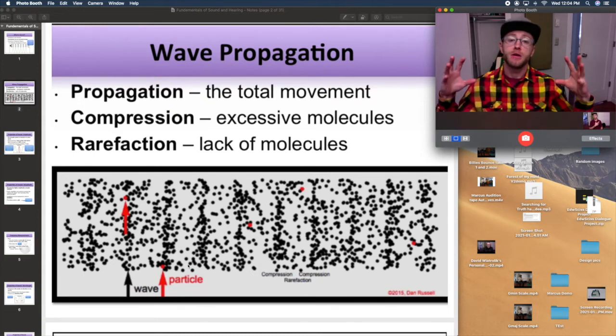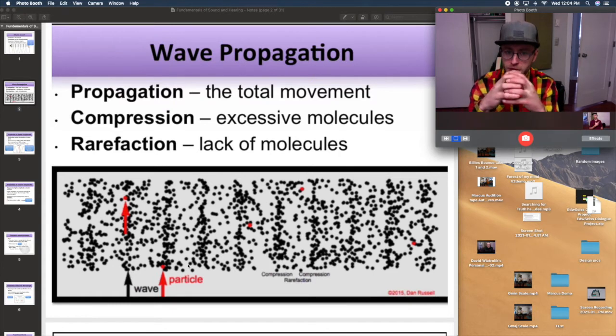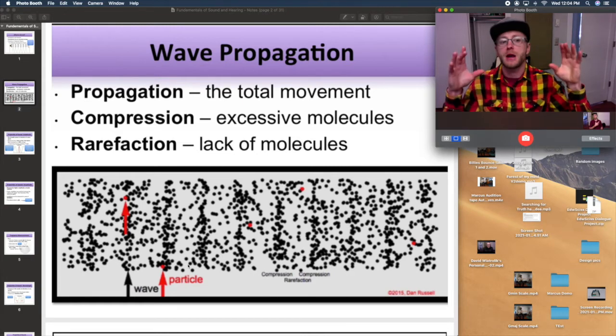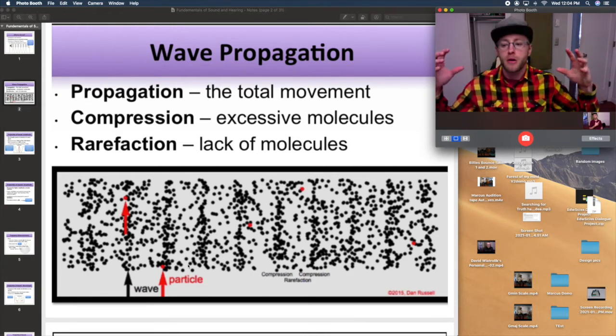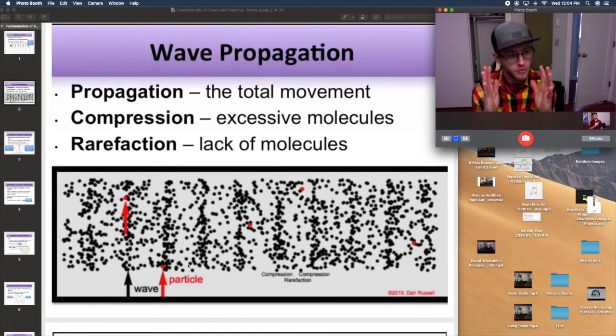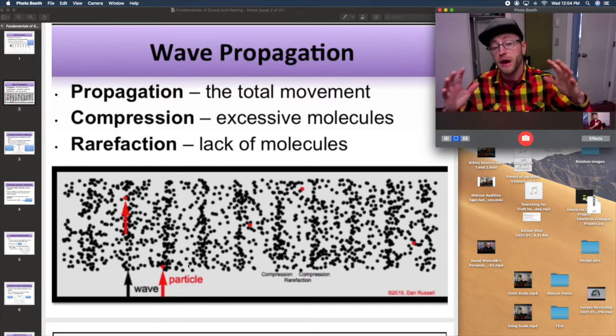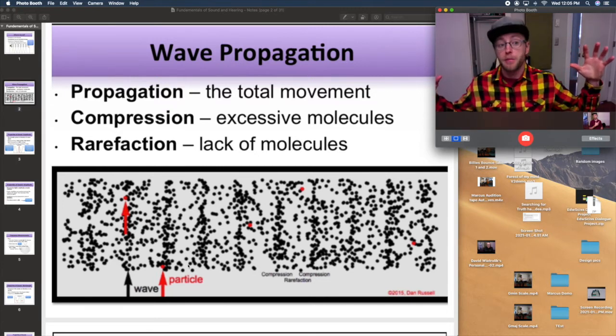Compression is the air particles that are being smashed together. When they're getting smashed together because the sound happened, the disturbance happened, the air is like freaking out, gets smashed together and spreads apart. The compression is the area where the molecules are compressed together, and rarefaction is the area when the particles are spread apart.